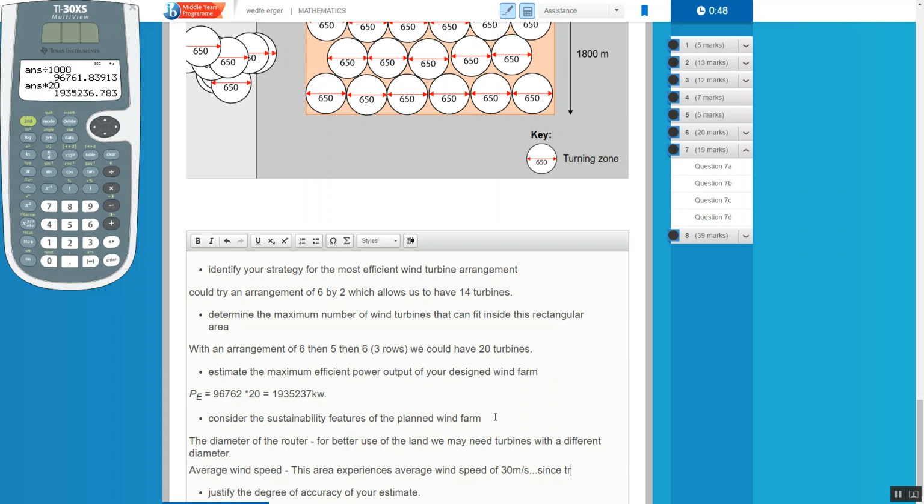And since turbines do not operate above this 30 meters per second, this means they will not operate at the time, which is a bit daft.